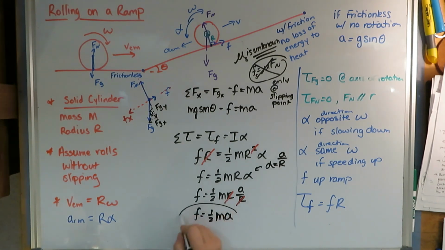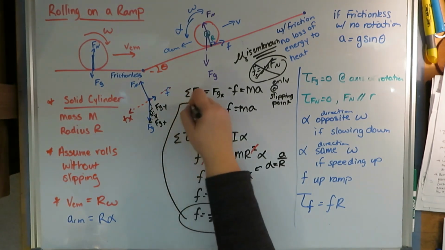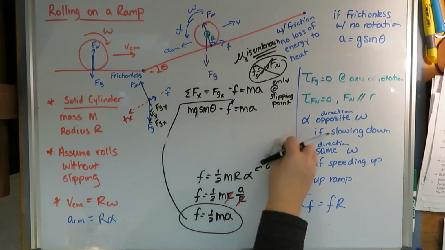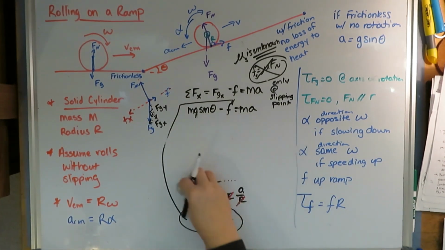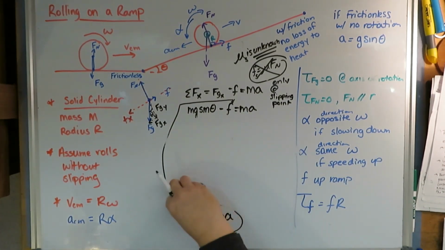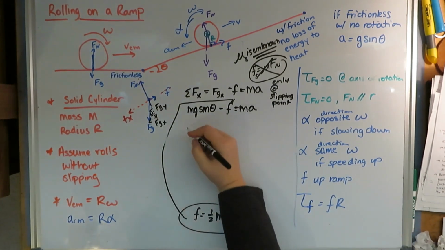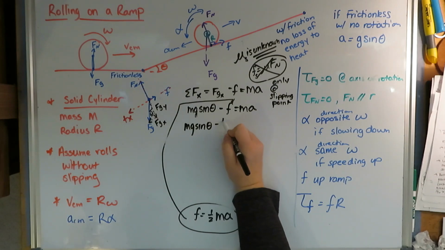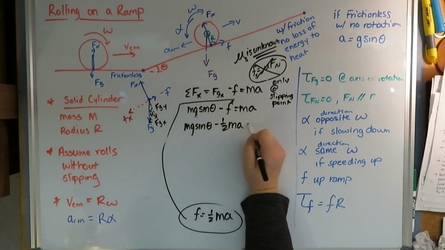So I can then take that here and sub in. I'm going to have to make a little space here. And I sub in and I get mg sine theta minus 1/2 of ma is equal to ma.